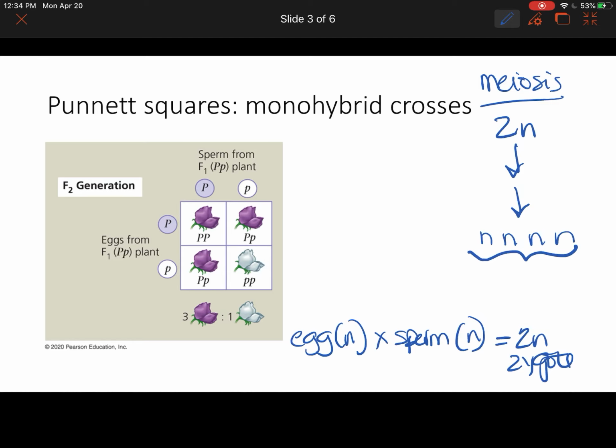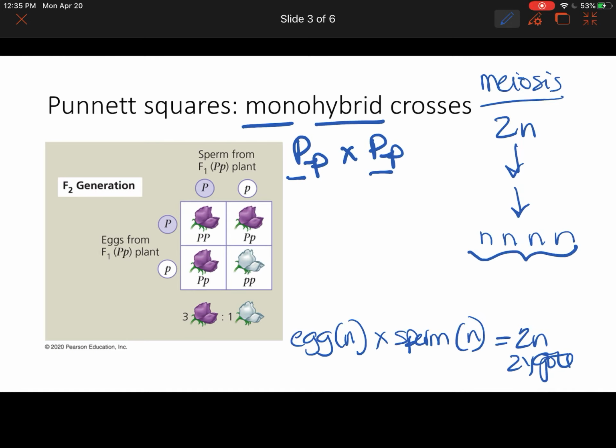So when we set up Punnett squares, if we're looking at 1 trait at a time, these are called monohybrid crosses. If we look at this Punnett square in this figure, this is a cross of 2 heterozygotes, okay?